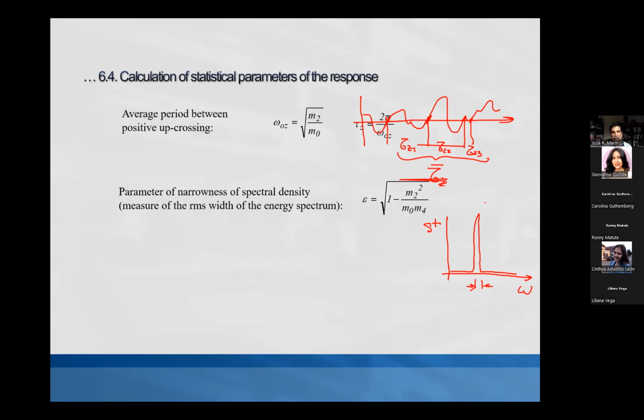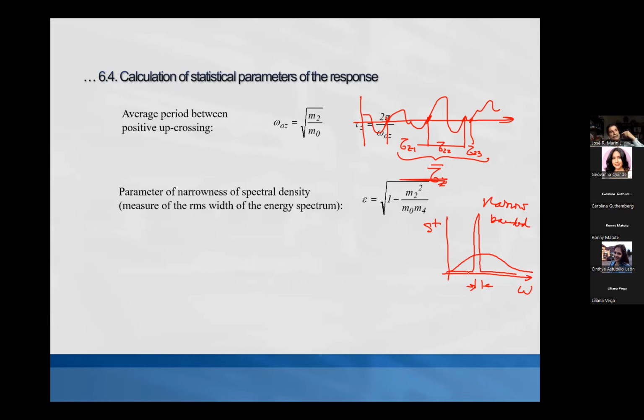So this is what we call a narrow banded process. On the contrary, if we have something like this, it is not narrow banded. This is wide banded.